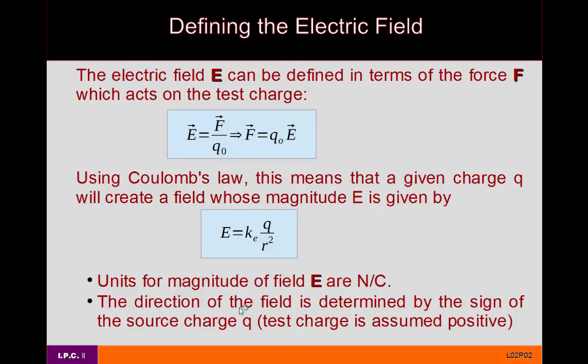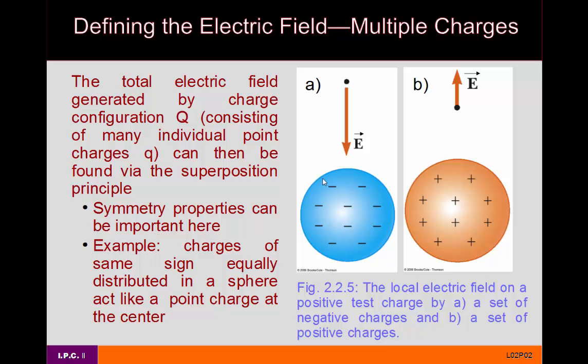If we have a positive source charge, then the field points away from that source charge. If we have a negative source charge, then the field points towards that source charge. Here that's shown in a simple diagram. Here's a positive source charge, here's a negative source charge. Granted, this has multiple negative charges and multiple positive charges, but the field in general still will point towards the negative and away from the positive.